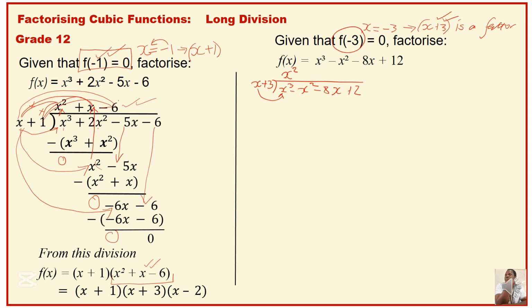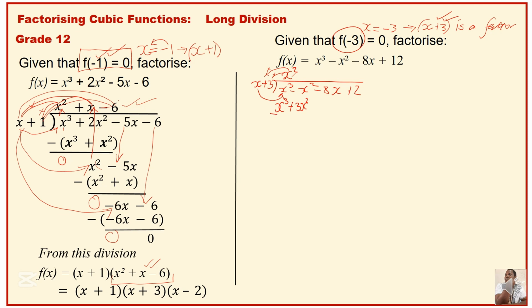Then this answer that I have written on top, it multiplies these two numbers, x squared times x and x squared times 3. The answer, I write it at the bottom here. So x squared times x, I get x cubed. X squared times 3, I get a positive 3x squared. Right, then I subtract these numbers.